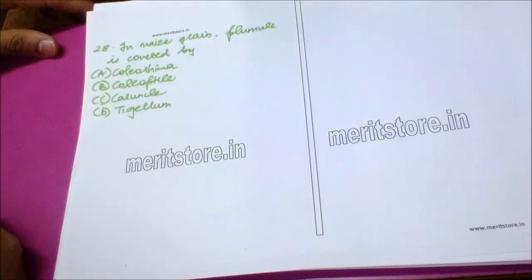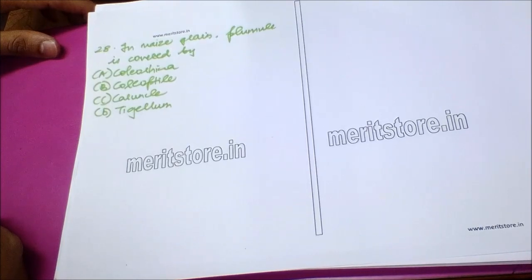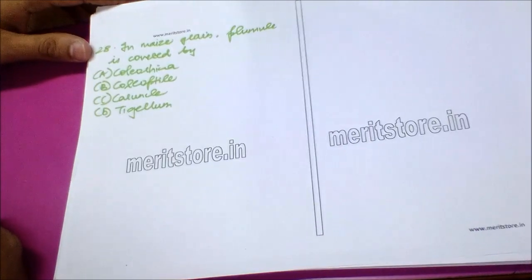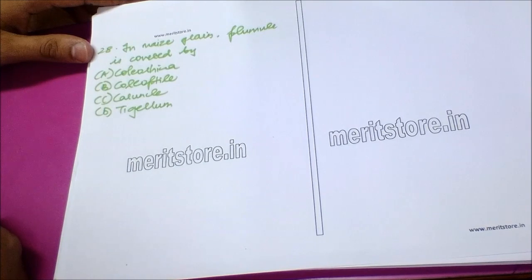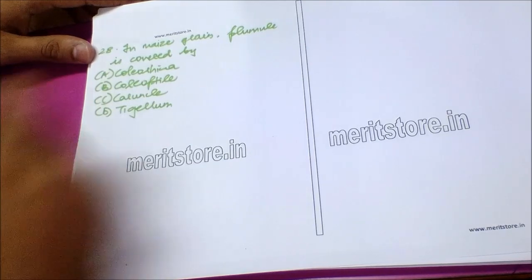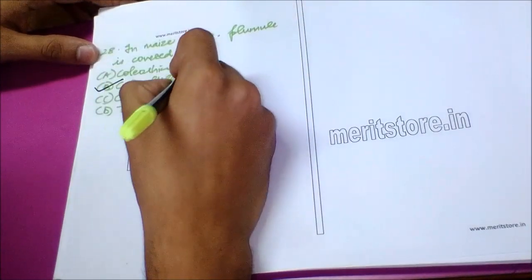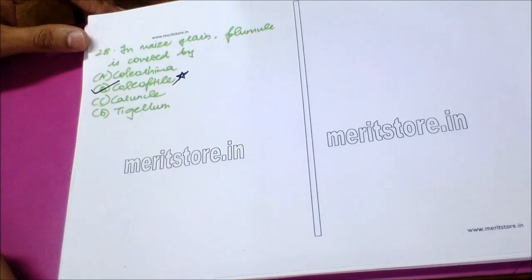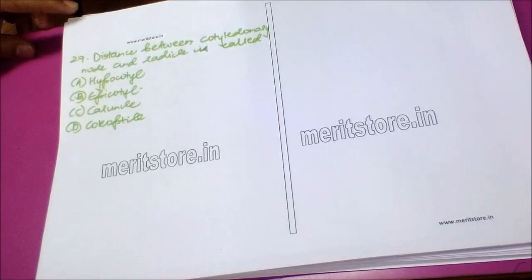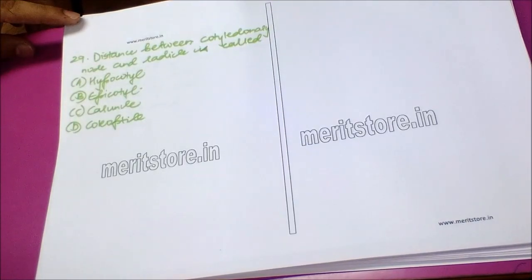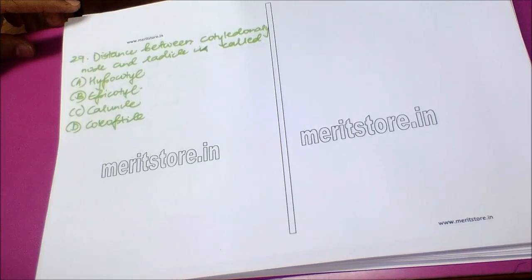Next question is, in maize grain, plumule is covered by option A, coleorhiza, option B, coleoptile, option C, caruncle, and option D, tigellum. So the answer to this question is option B, which is coleoptile, which is quite straightforward. Our next question is, distance between cotyledonary node and radicle is called option A, the hypocotyl, option B, epicotyl, option C, caruncle, and option D, coleoptile.